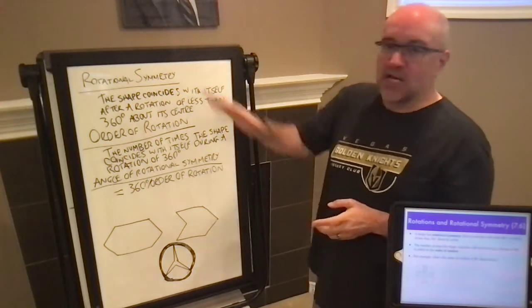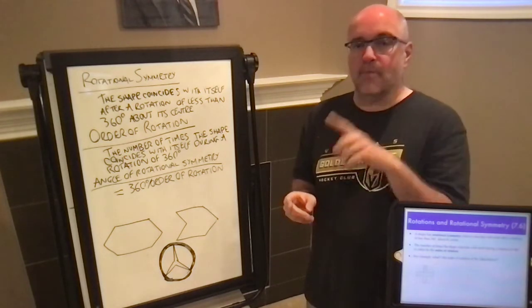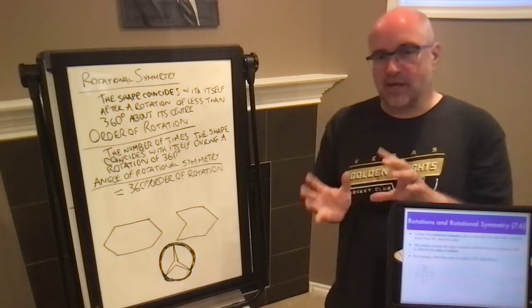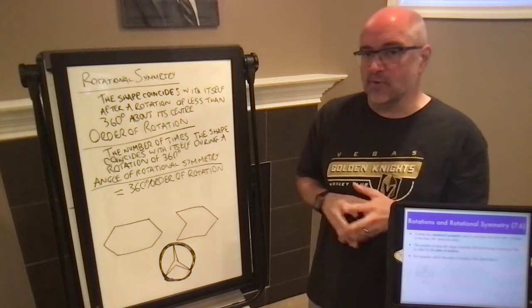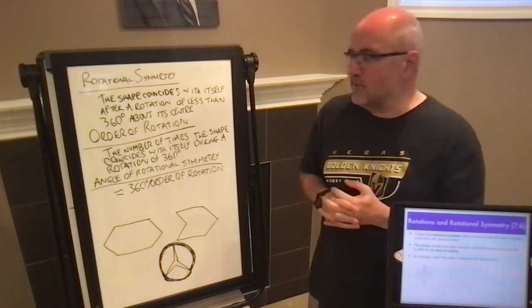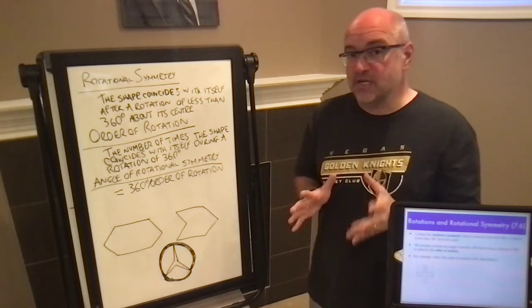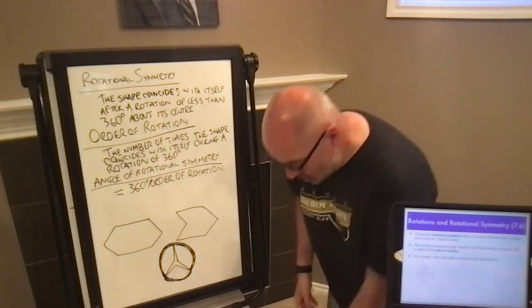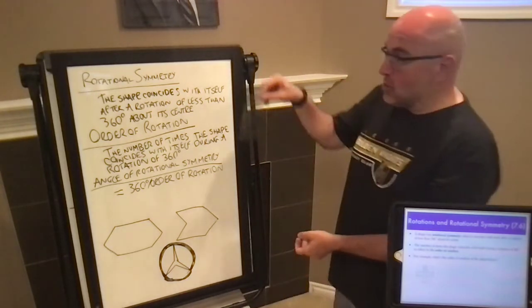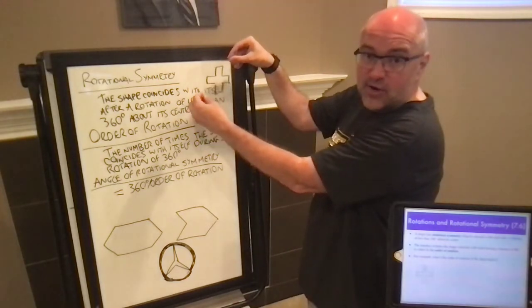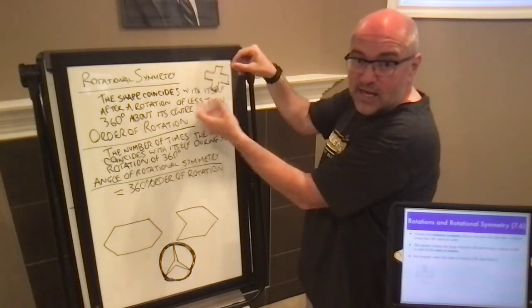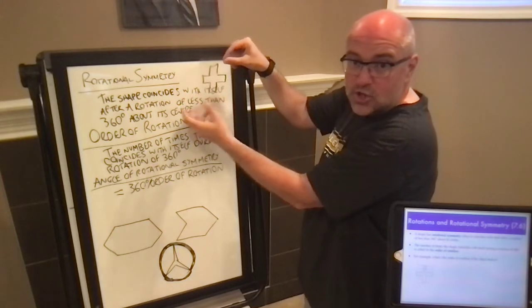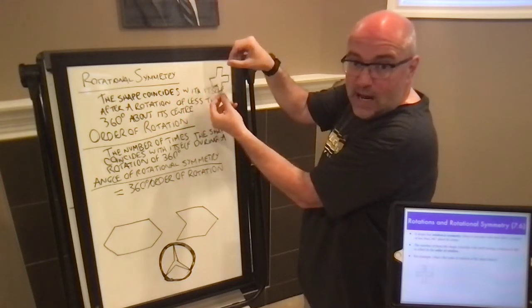Okay, so that's rotational symmetry. If you rotate an object about its center multiple times, you get the same look, or it coincides with the original shape. I also mentioned that different objects will have different numbers of times where that happens. In this case, on this little cross, the shape coincides 1, 2, 3, 4 times.